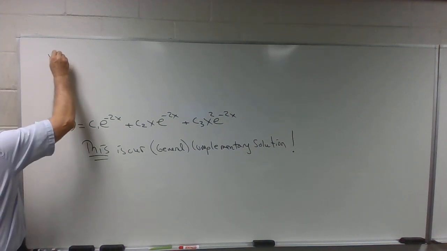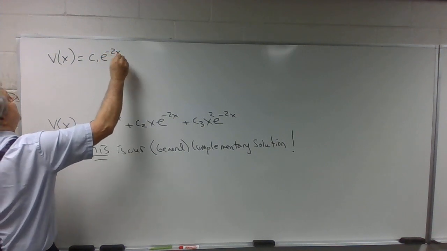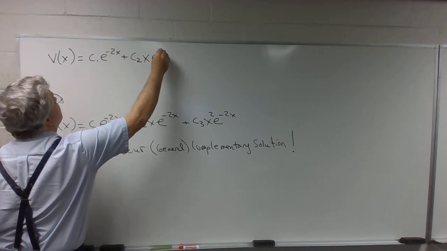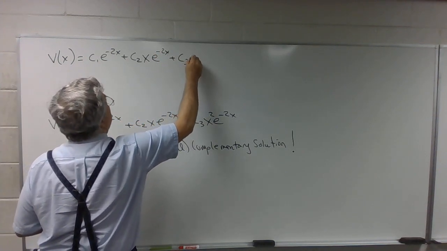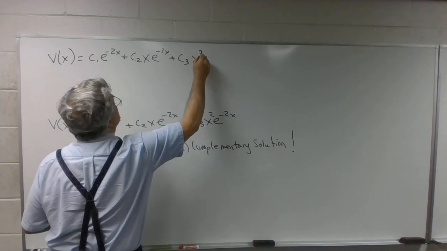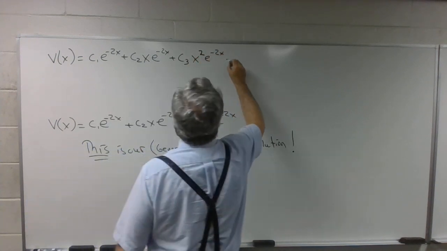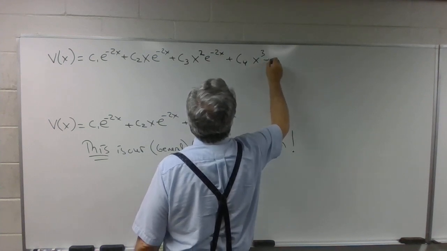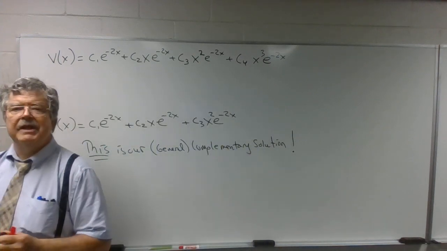The same exact way. We'd have c1 e to the negative 2x plus c2x e to the negative 2x plus c3x squared e to the negative 2x plus c4x cubed e to the negative 2x. That's exactly what we would get.